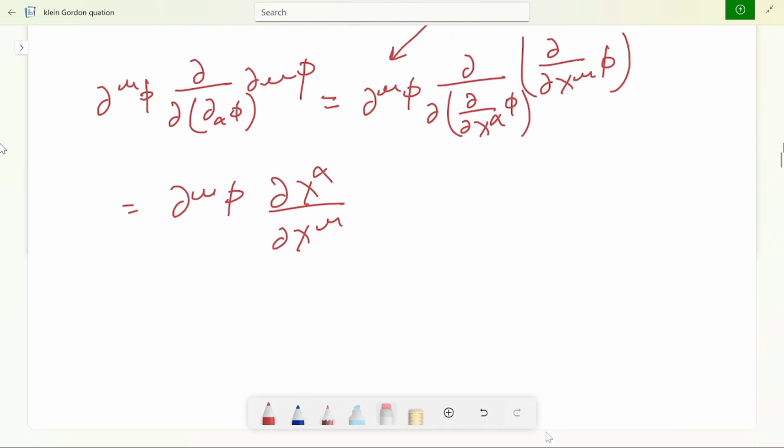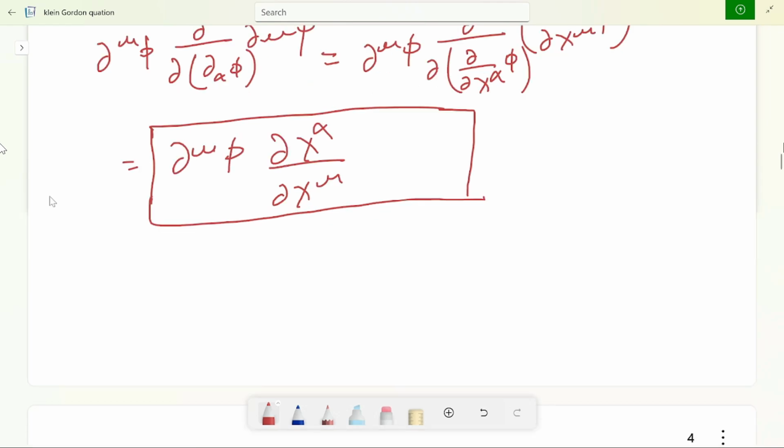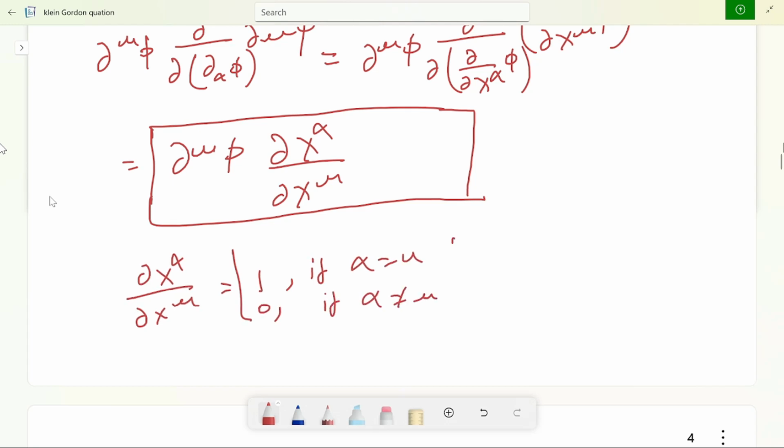Now let us take our focus to this equation. Now notice that this derivative that we are talking about is going to be 1 if alpha is equal to mu, and is going to be 0 if alpha is not equal to mu, right? And if you remember, this is exactly the definition of Kronecker delta.